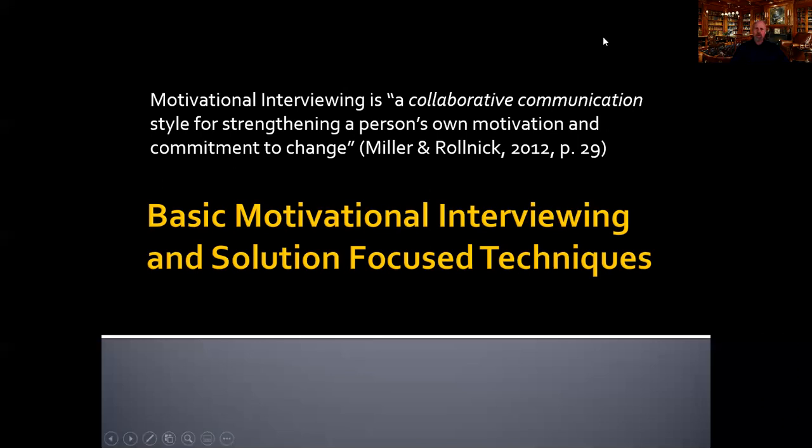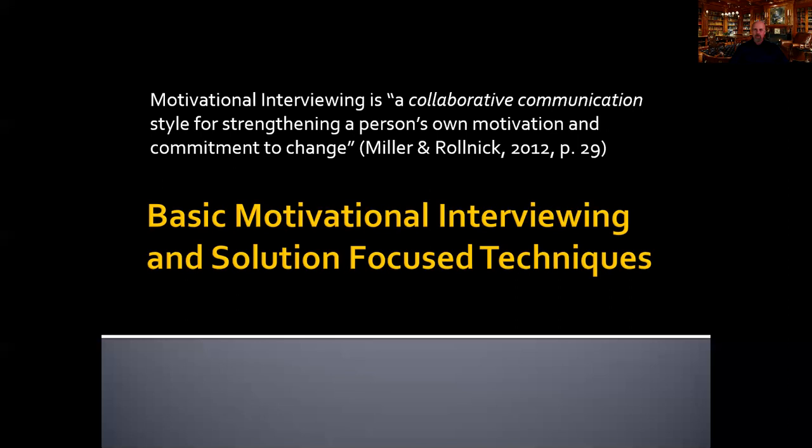And so what Miller and Rollnick did then was develop a whole series of techniques that they referred to as motivational interviewing. Motivational interviewing has two words associated with it. Motivational, meaning that they were attempting to increase motivation for treatment, increase motivation for change. And interviewing, the biggest difference is that interviewing is not telling.